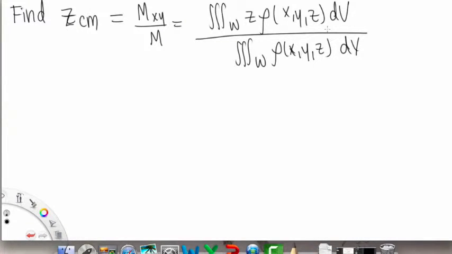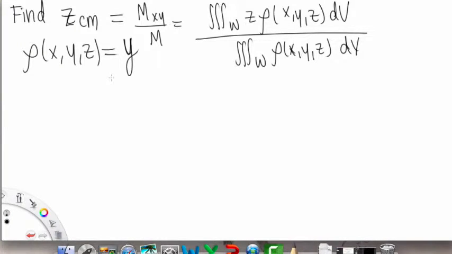As I said before, it's not repetitive, but you're doing the same thing over and over again with a physics twist, which is good because then you get more practice calculating integrals. Here, we're also given that rho of xyz equals y.